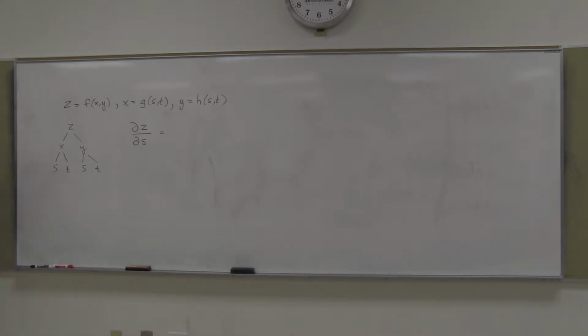So what would I need to do to compute the partial of z with respect to s? Like we said in the previous example, if we follow the paths here, to get from z to s, I can go through two different paths. Here I would need the partial of z with respect to x, and then to get to s, the partial of x with respect to s. Again, that's a partial because x is in terms of s and t.